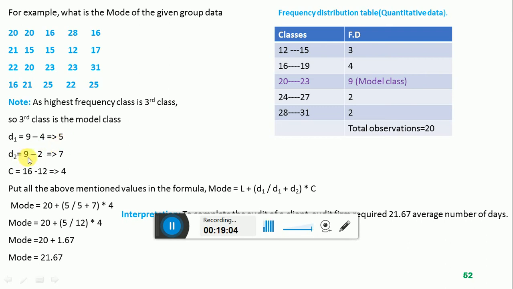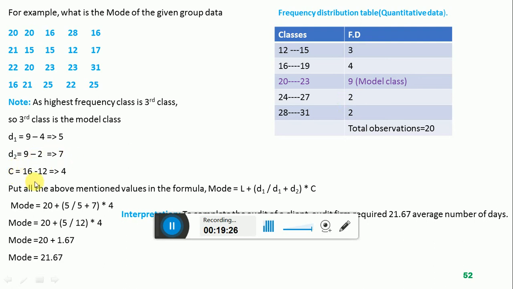D2 again is equal to the frequency of the modal class minus the frequency of the class next to the modal class. The modal class is the third class with frequency 9, and the next class is the fourth class, whose frequency is 2. So 9 minus 2 implies 7.